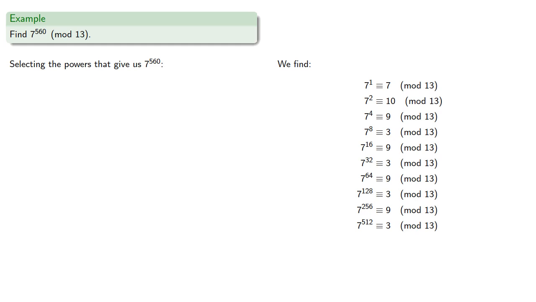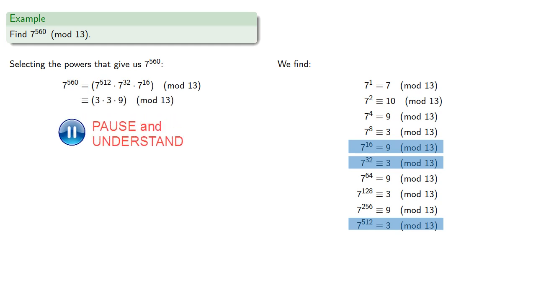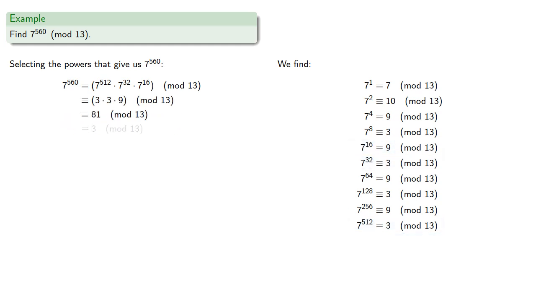Now we'll select the powers that give us 7 to the power 560, and those will be, and we know that these are 3, 3, and 9, and so we multiply and reduce.